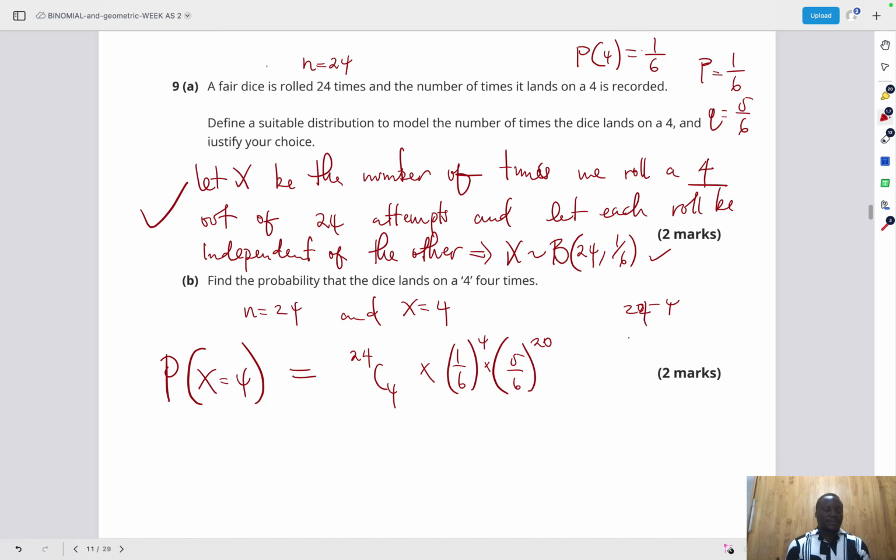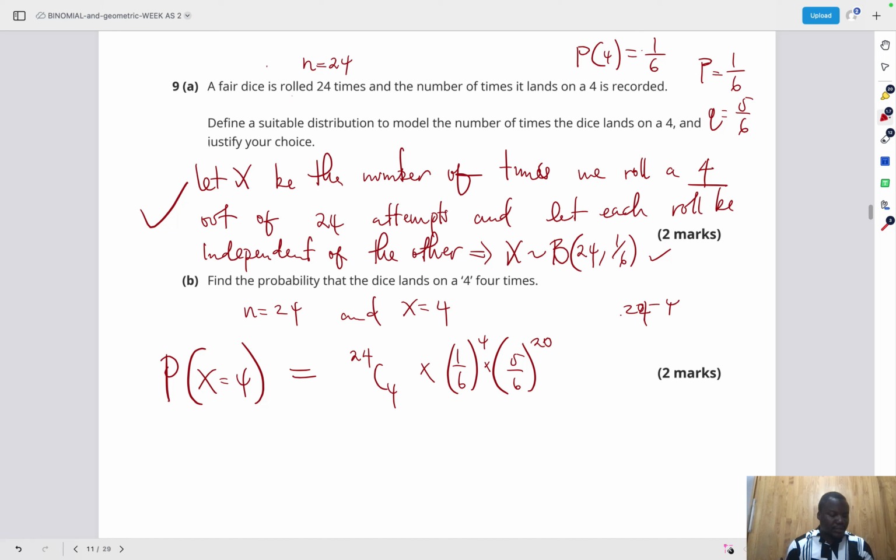So here we are just using our calculator. 24 shift choose 4 times 1 over 6 to the power of 4 times 5 over 6 to the power of 20.